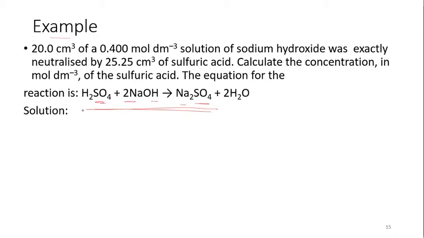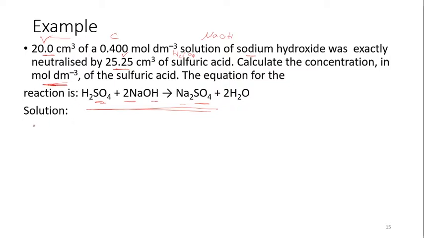So this is a balanced chemical equation, but usually you have to check before starting your calculation if your equation is balanced or not. My second step will be identifying the given information. So here I have the volume and the concentration of the sodium hydroxide. And it is neutralized against a certain volume of sulfuric acid, so I know the volume of sulfuric acid. Now I need to know the concentration of this sulfuric acid.